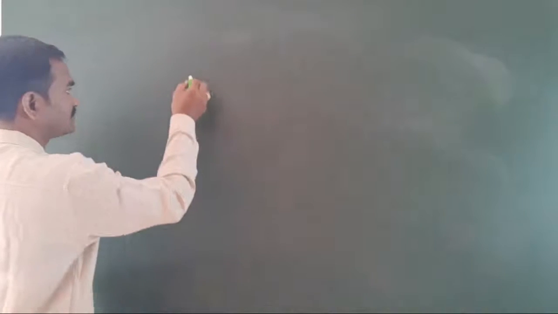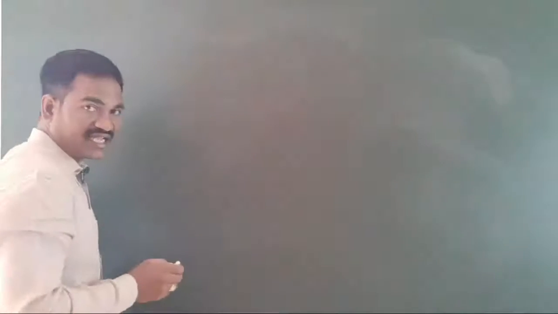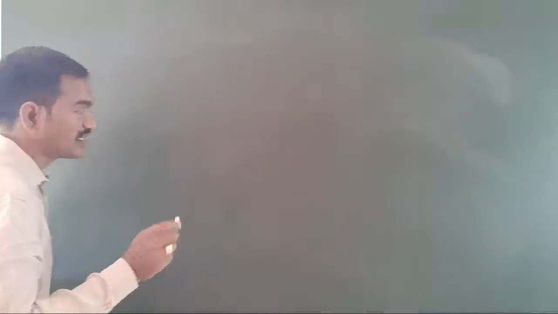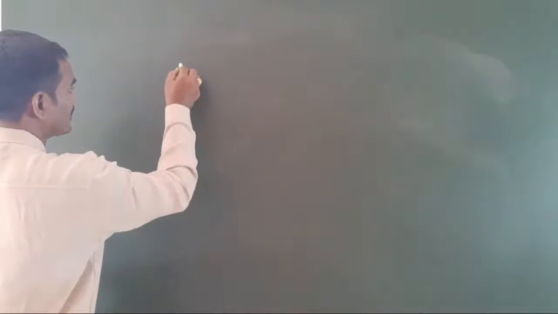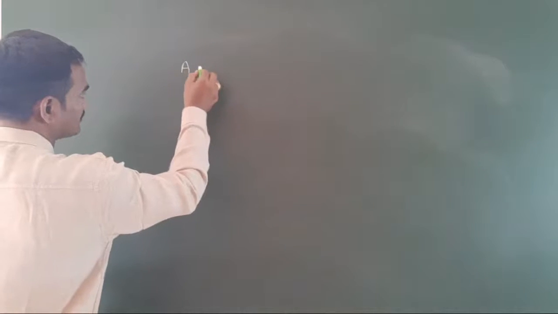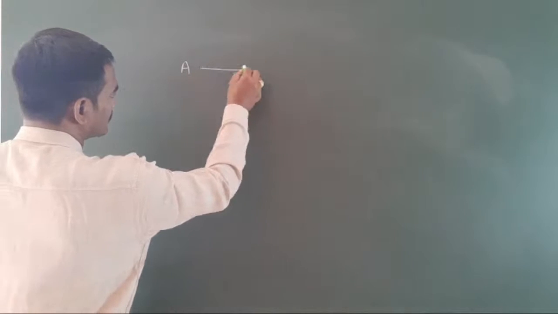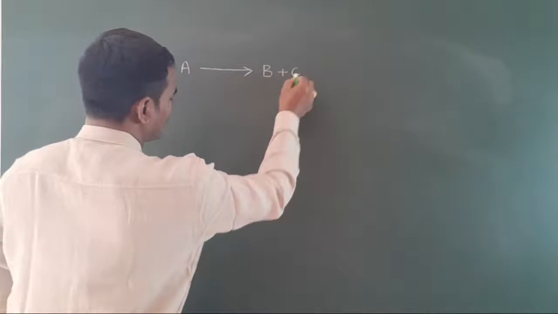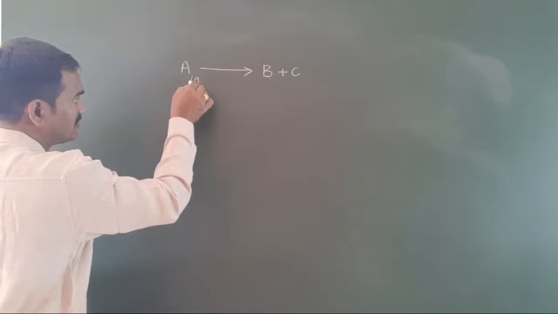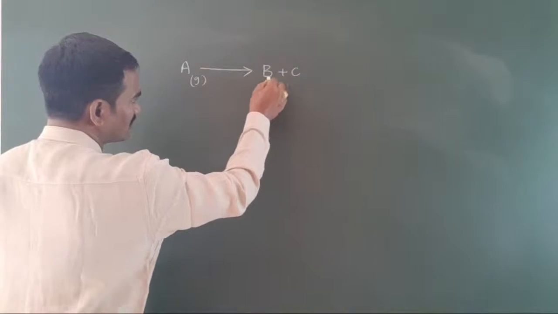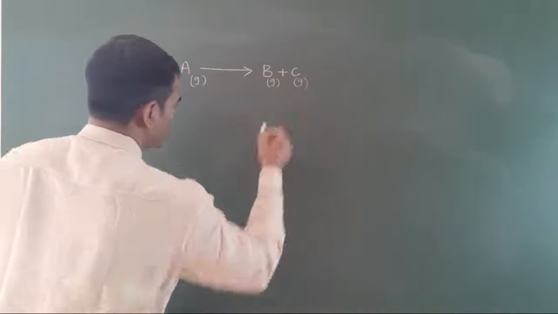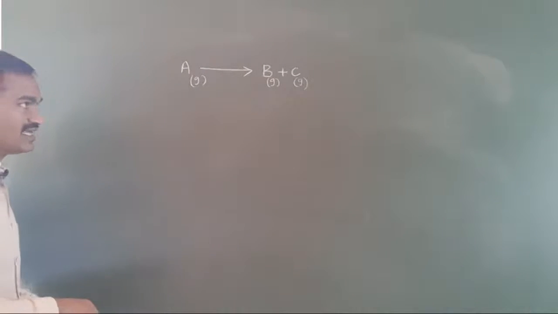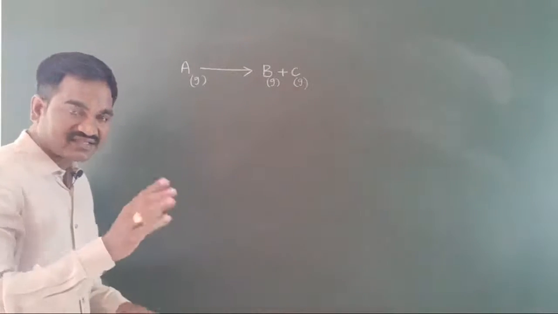I am taking a gaseous reaction: A gives B plus C, and I'm writing here that this is a gas. Whatever it is, it might be gas or not, that's not an issue. You take it like a gas.